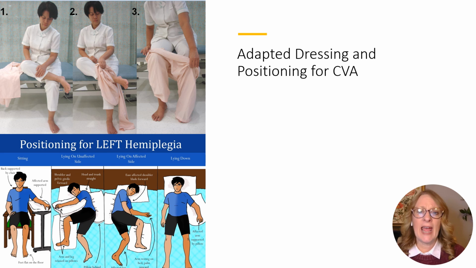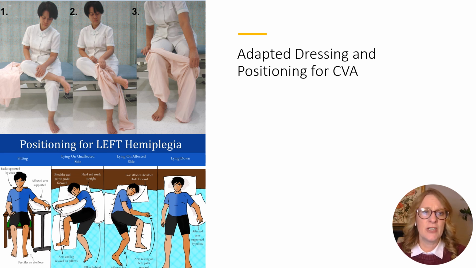So let's look at adaptive dressing and positioning for someone who has had a CVA. And looking at our different approaches, you have handouts in the lesson section for you to refer back to, and it goes through step by step instructions.